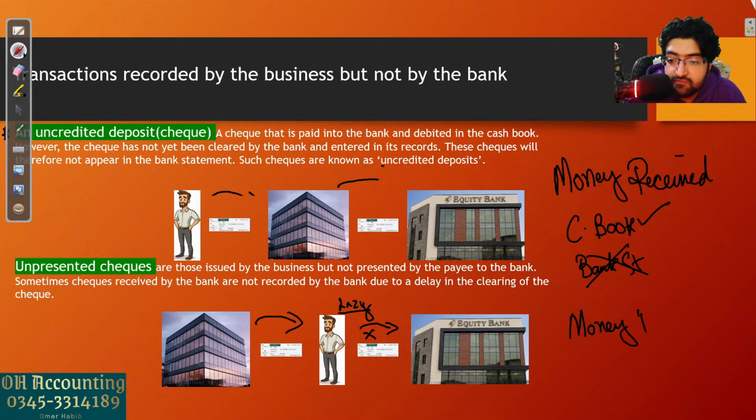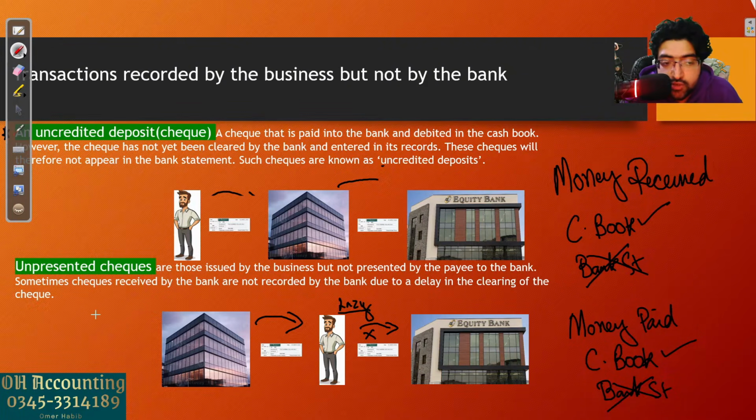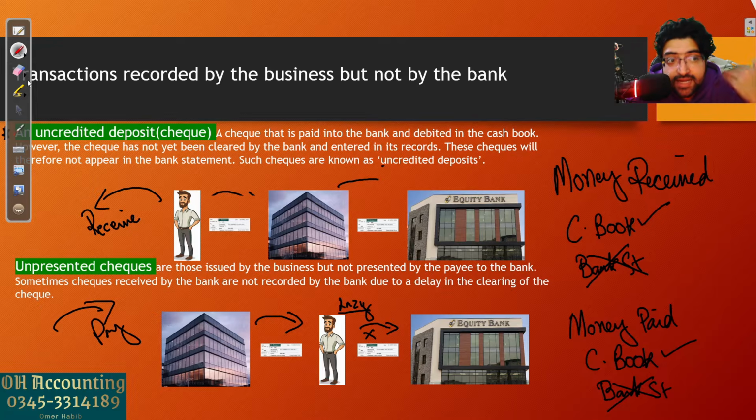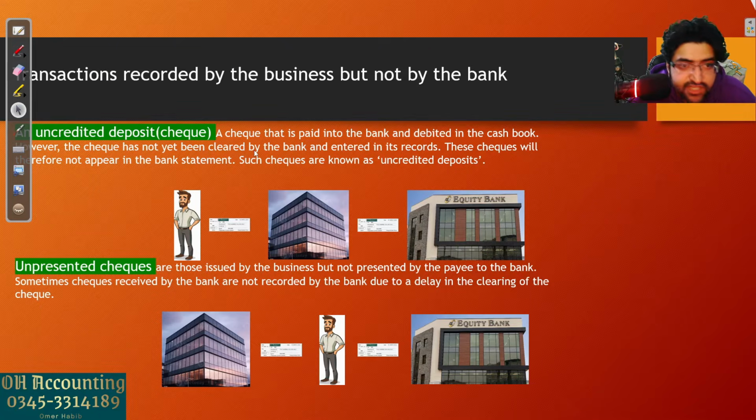You are paying someone. Again, this is present on the cash book but missing from bank statement. So unpresented checks are those that you pay to people, and uncredited deposits are checks that you receive from people. Okay? Remember this. Moving on to the technical example which covers everything.